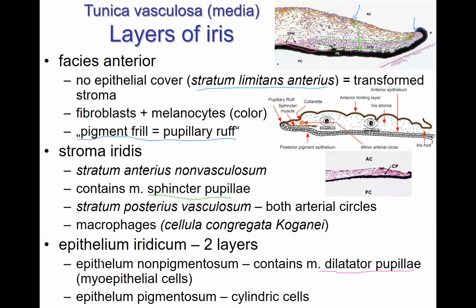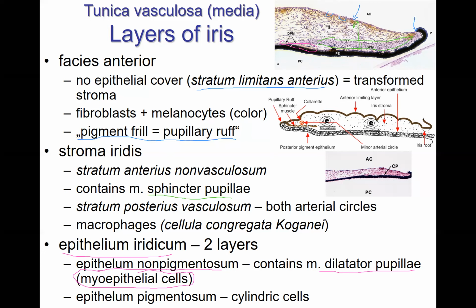The posterior epithelium, which is present here, contains the dilator. And the dilator cells are myoepithelial cells, so it's a specific kind of muscle, derived from neuroectoderm.